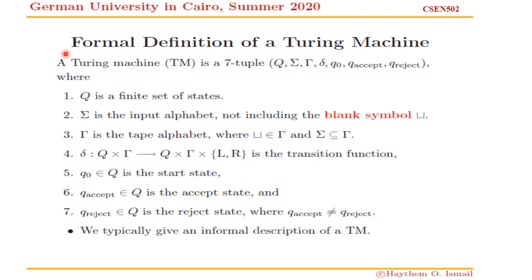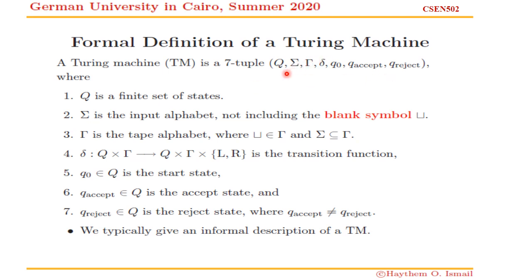So let's look at a more precise definition of what a Turing machine is. A Turing machine is a 7-tuple, so it's made up of 7 things: Q, sigma, gamma, delta, Q0, Q accept, Q reject. Now, as always, Q is a finite set of states. Sigma is the input alphabet.